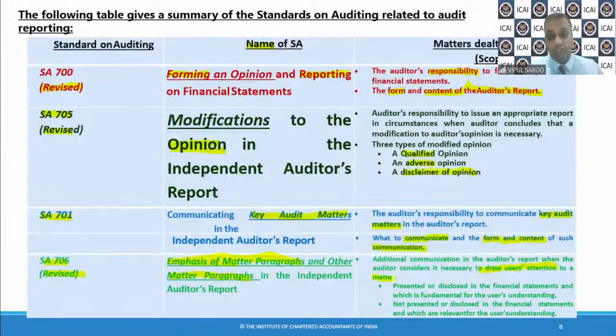The emphasis of matter paragraph and the other matter paragraphs, depending upon the severity of the matter which the auditor wants to discuss, or which the auditor wants to draw their attention on. So this is just a bird's eye view of the SAs you have to do in this particular chapter, audit report.